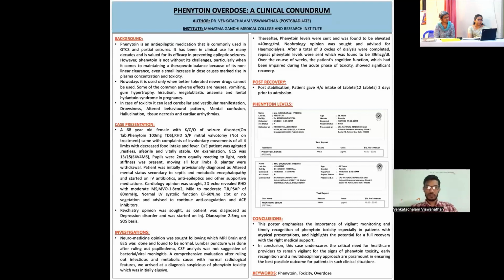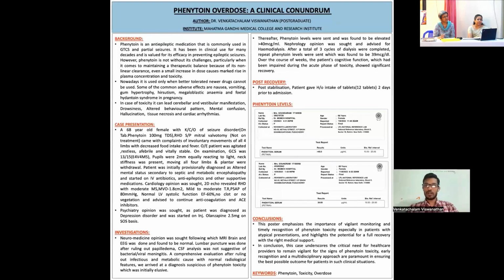And suspicious of viral or bacterial meningitis, lumbar puncture was done along with blood workup, which is also found to be normal. Hence, after ruling out all the metabolic and infectious causes, we arrived at the diagnosis suspicious of Phenytoin toxicity, for which we assessed Phenytoin levels and found to be greater than 40 micrograms.